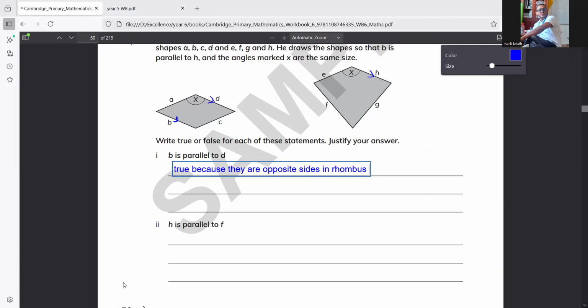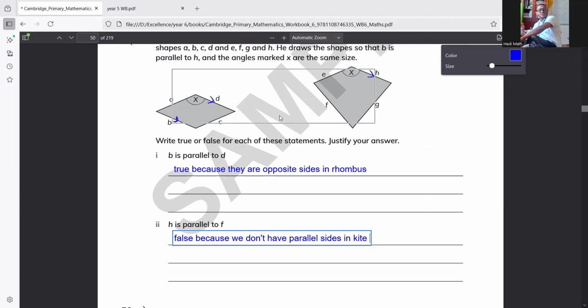They say H is parallel to F. Someone says H is parallel to F. This is false, because we don't have parallel sides in a kite.